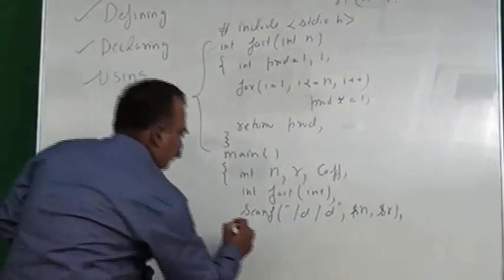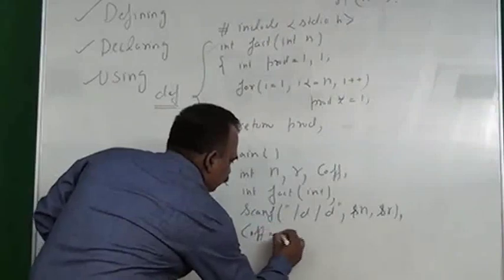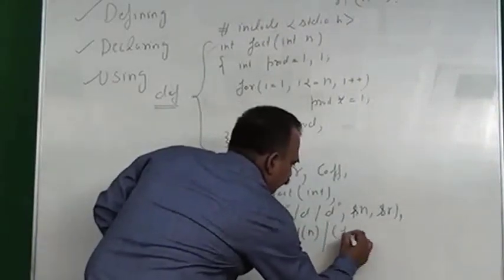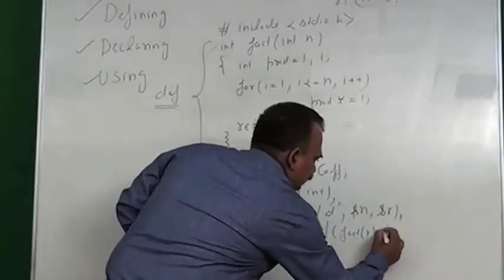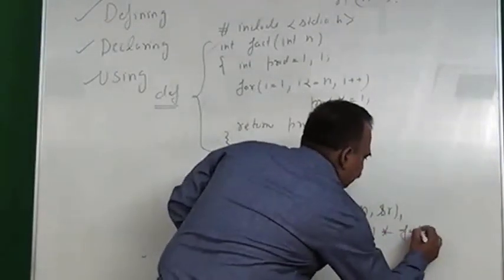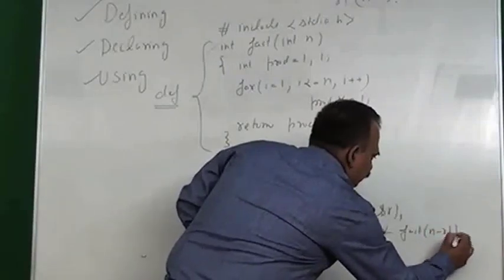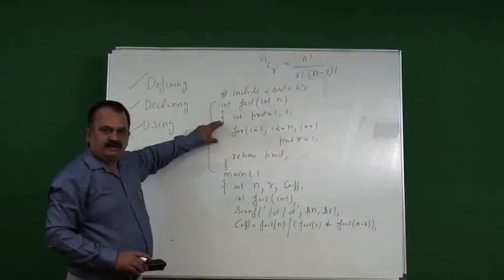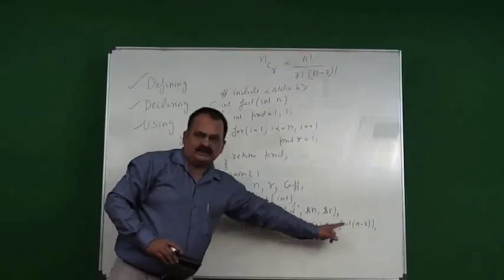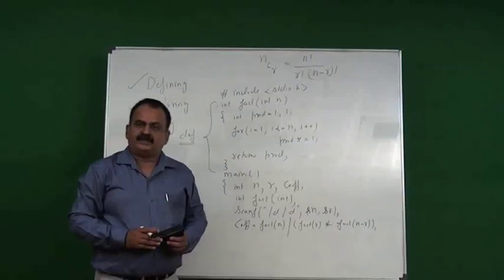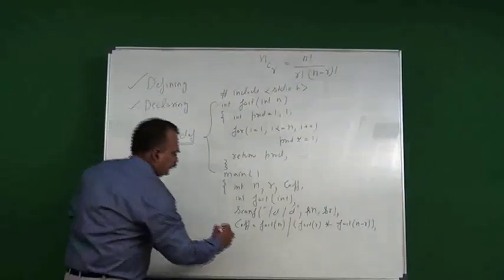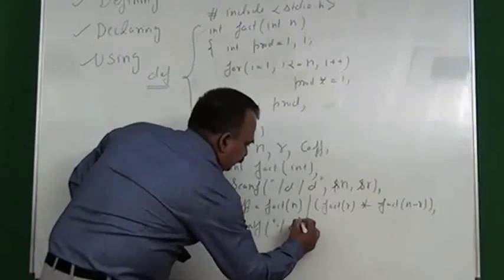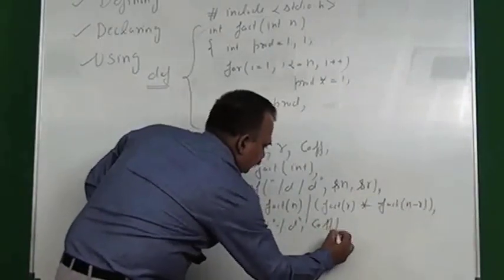Now the calculation of the coefficient: coefficient is equal to factorial n divided by factorial r multiplied by factorial n minus r. Very simple. By writing a function once, I am using this function 3 times to calculate the factorial of 3 different numbers. And the last is printf of the result, that is the value of the coefficient.